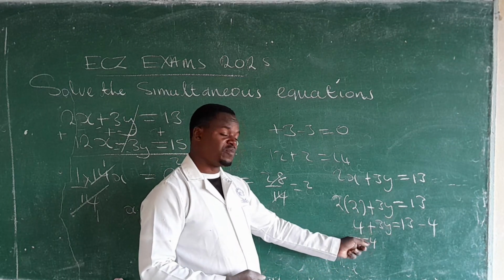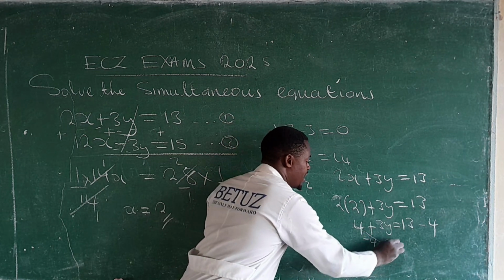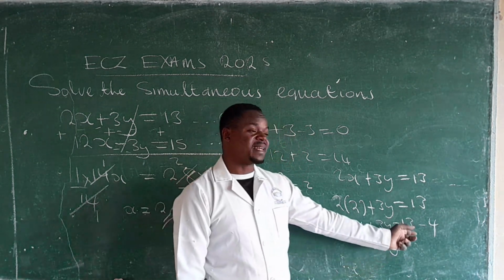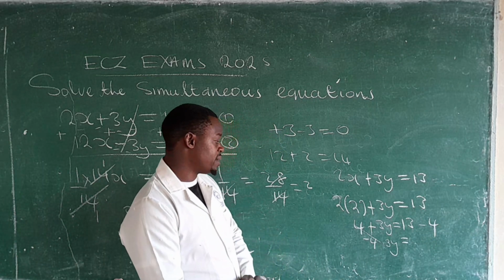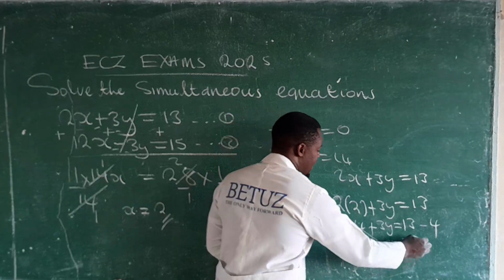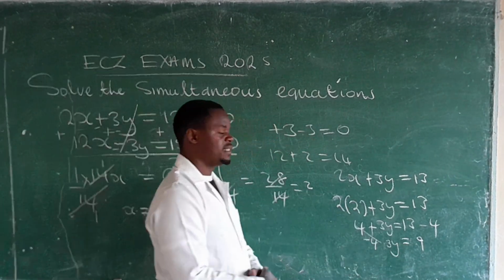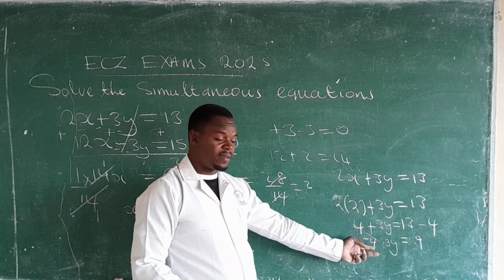So that we get rid of the 4 on this side. 4 minus 4 gives us 0. We remain with 3y, which equals 13 minus 4. What is 13 minus 4? That would be 9. We want to find the value of y.